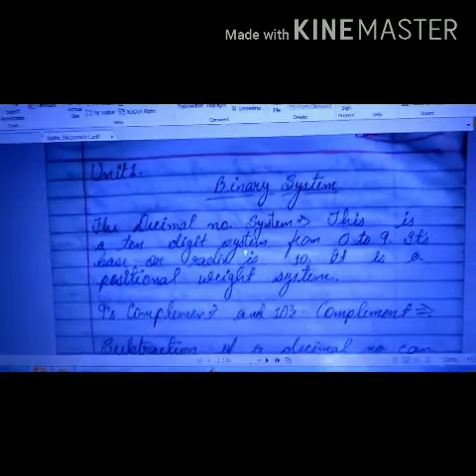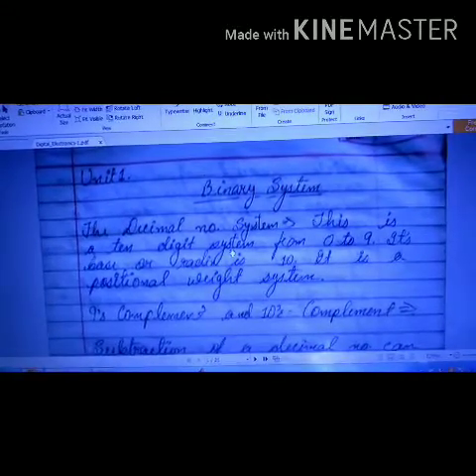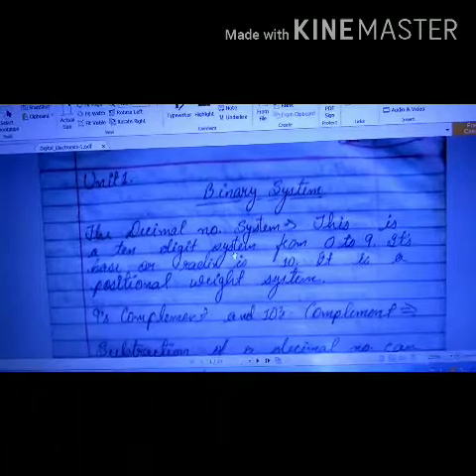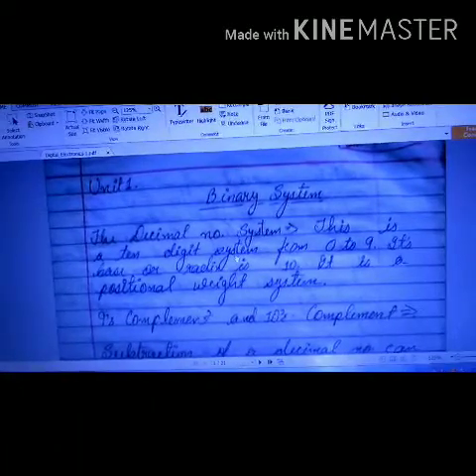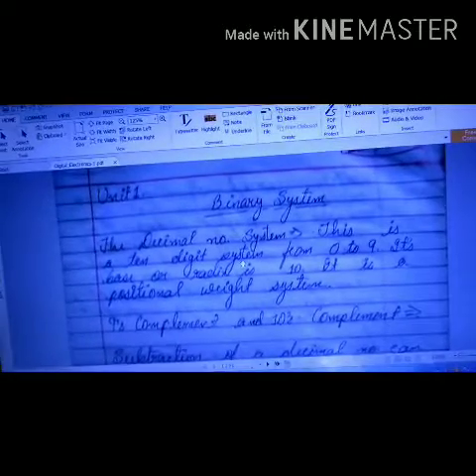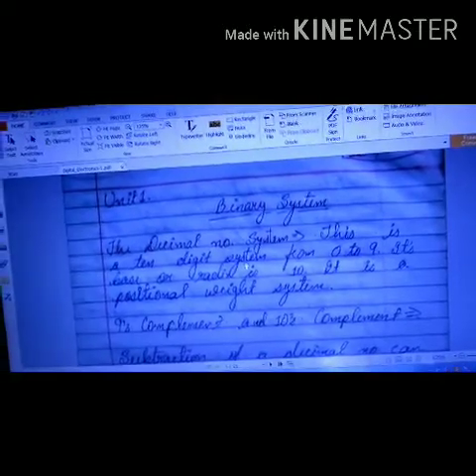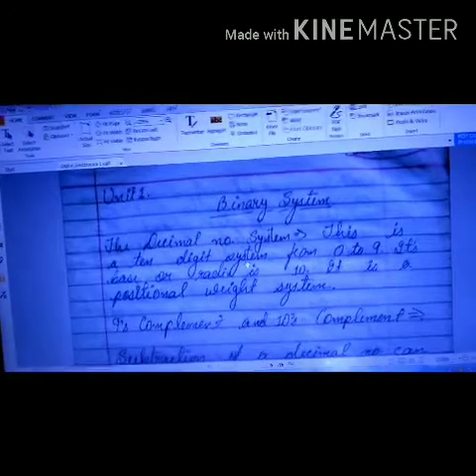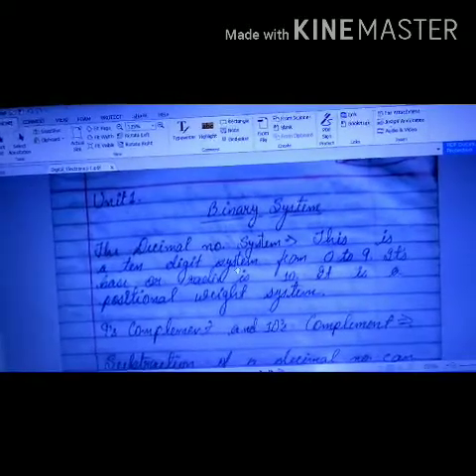So let us start with the decimal number system. The decimal number system is one of the most utilized number systems, and it has been used ever since we started learning mathematics in kindergarten.